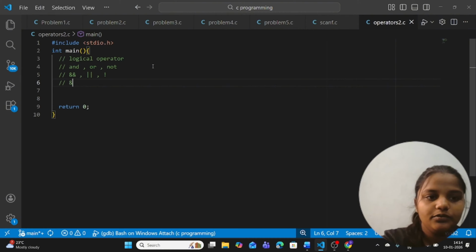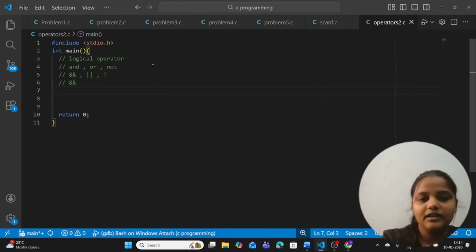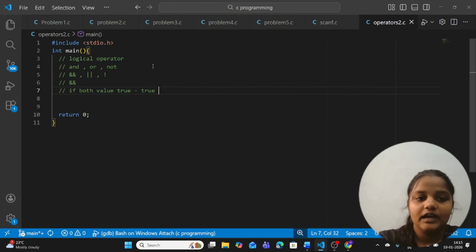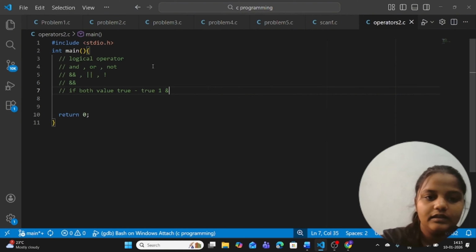First we are going to see about AND. AND means, if both values are true, then the statement is true, right? AND works like: if it is 1 and 1 only, then it is 1.